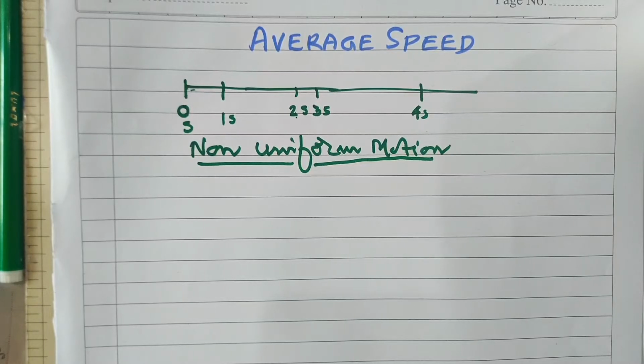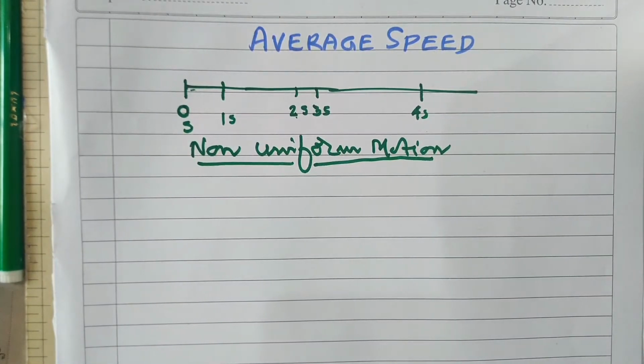Then, if there is no traffic, it continues to 60 kilometer per hour. Then if there is traffic, it will come down to 20 kilometer per hour. So every time there is a chance that speed may increase or decrease. Depending on the speed, the distance covered will be different. That is called non-uniform motion.